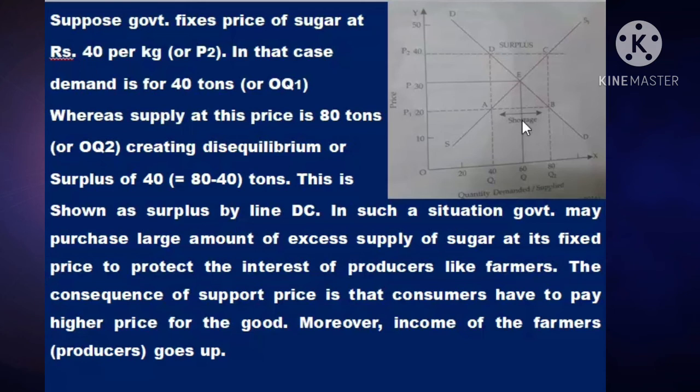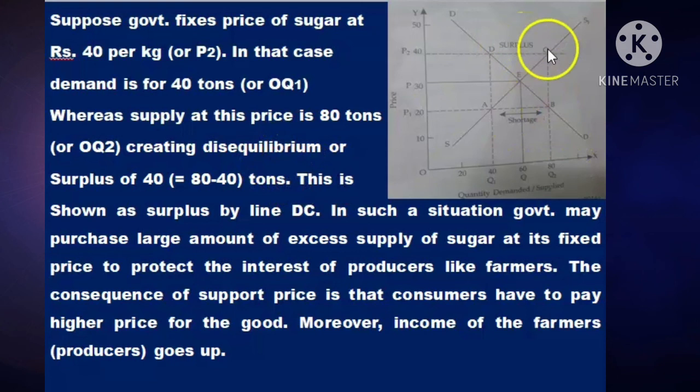So the consumer is not ready to buy, and the producer is ready to supply 80 units, so 80 minus 40, 40 tons is surplus, shown as the surplus line DC.